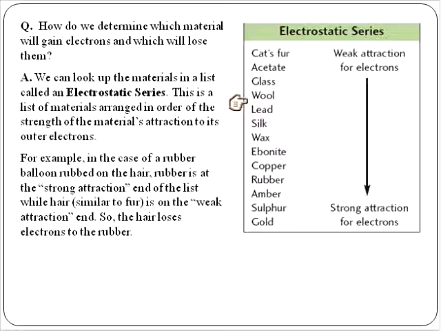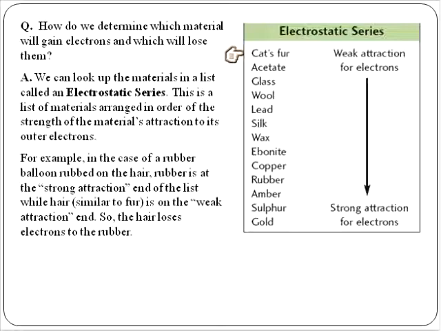So if a stronger one and a weaker one are rubbed together, the one with the stronger attraction will start to pull electrons away from the weaker one. For example, the balloon rubbed on the hair, the example we mentioned a few minutes ago. A rubber balloon, hair is a lot like cat fur, very similar composition. So we've got rubber and we've got hair or fur.